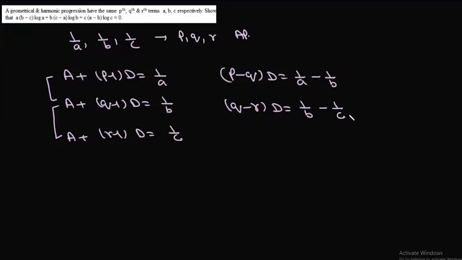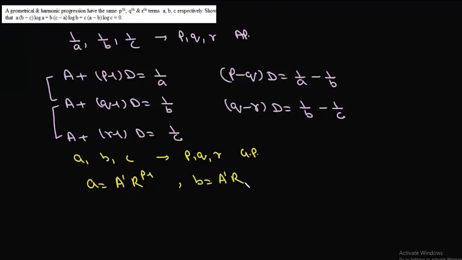Now we are also given that a, b, c are pth, qth and rth term for a GP. So we can write this a as some a dash r to the power p minus 1, b as some a dash r to the power q minus 1, and c as some a dash r to the power r minus 1.